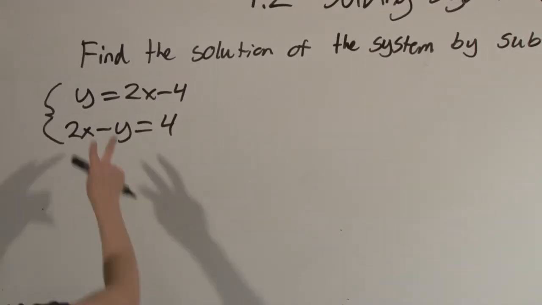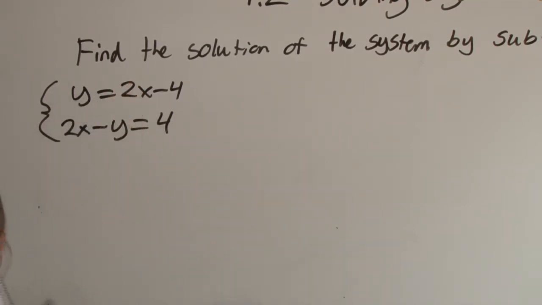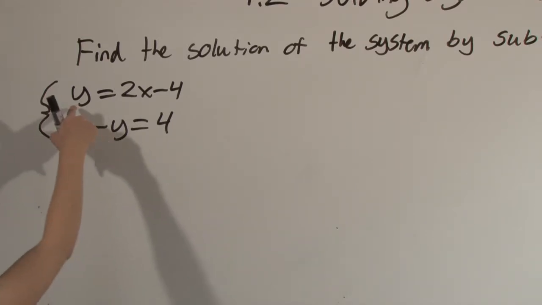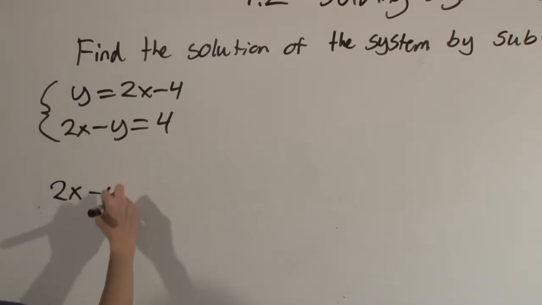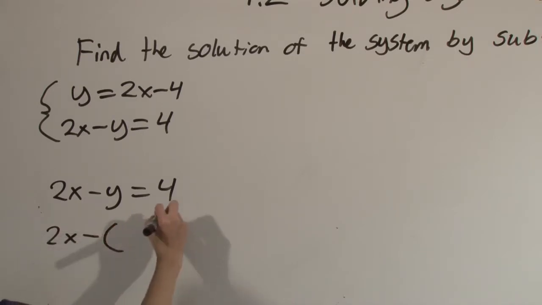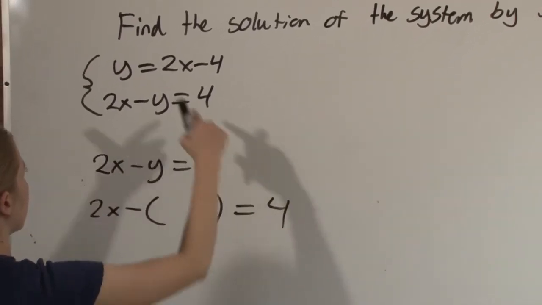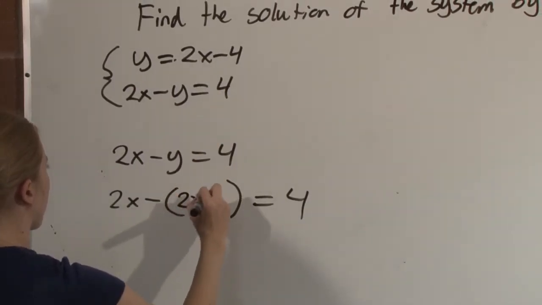And I already have one equation that's solved for y, so I'm going to skip that first step because I've already done it for myself. But I'm going to substitute this expression in for y here. So I'm going to take that 2x minus y equals 4 and put this expression for y right here.